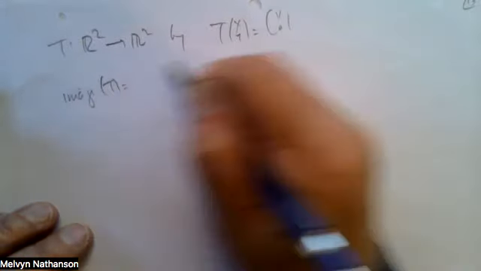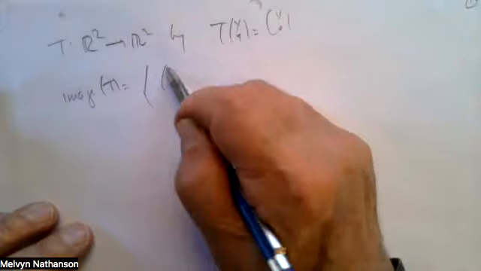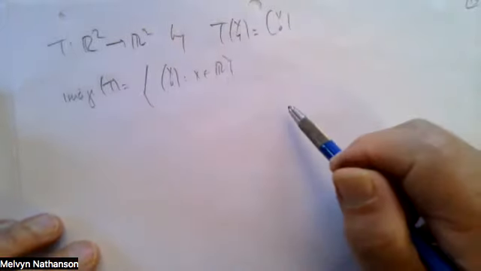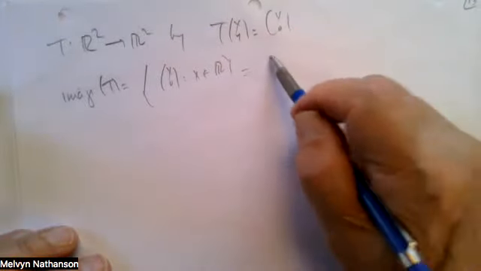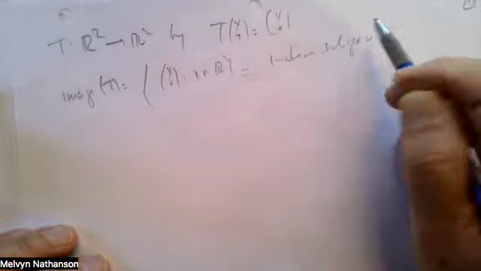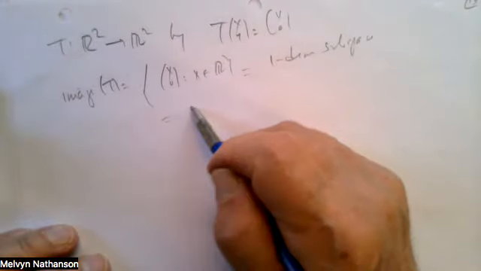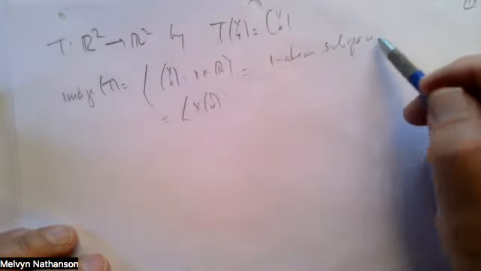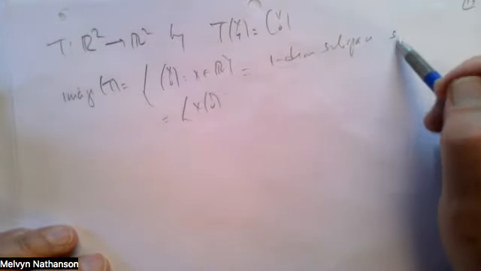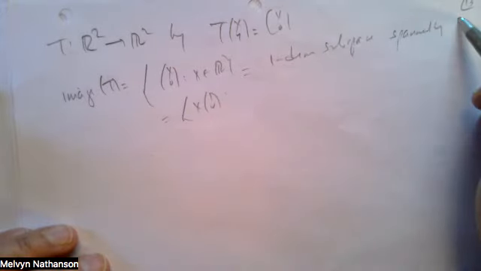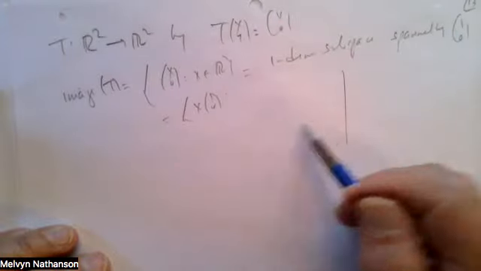The image of T is all vectors (x, 0) for any x. This is a one-dimensional subspace, because (x, 0) is just x times (1, 0). This is the one-dimensional subspace spanned by the vector (1, 0).